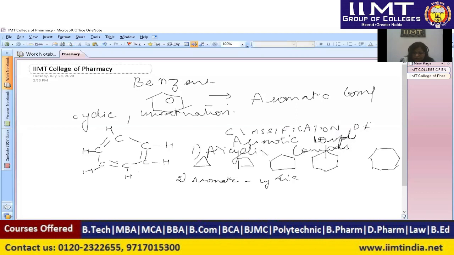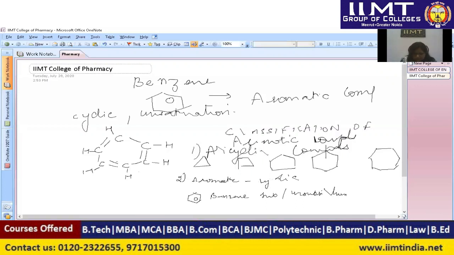It may have single bonds or double bonds. So we can draw a benzene structure in the aromatic compounds, and we can show the resonance also. Aromatic compounds can be like benzene, and this may be further substituted or unsubstituted, so we can have substitutions, or we may not have substitutions inside it.